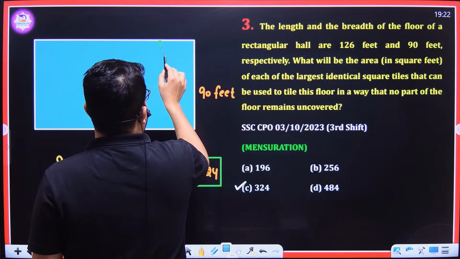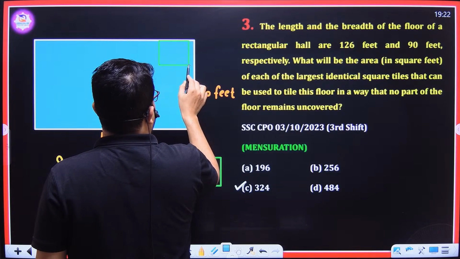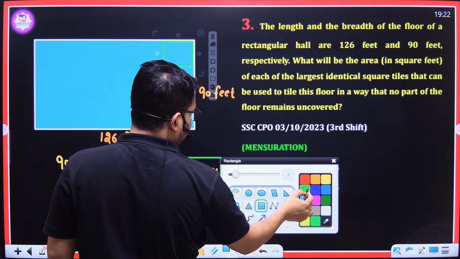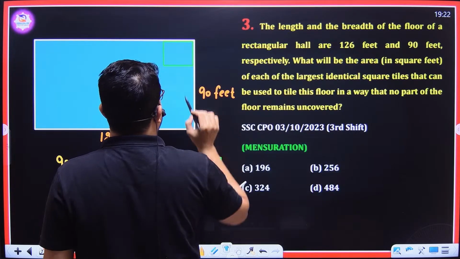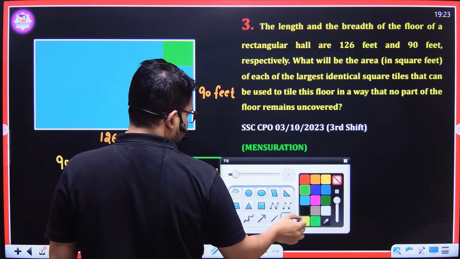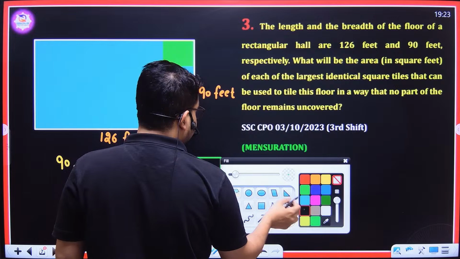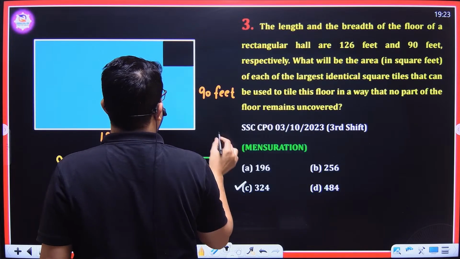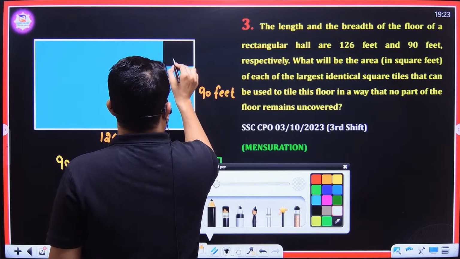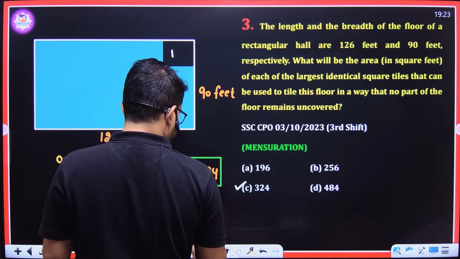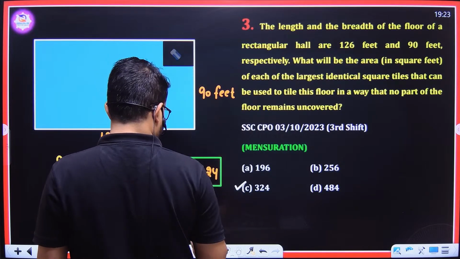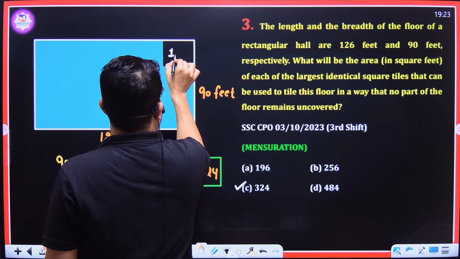So this one is the square tile. The side of this is 18. 18 is the side of this square tile.